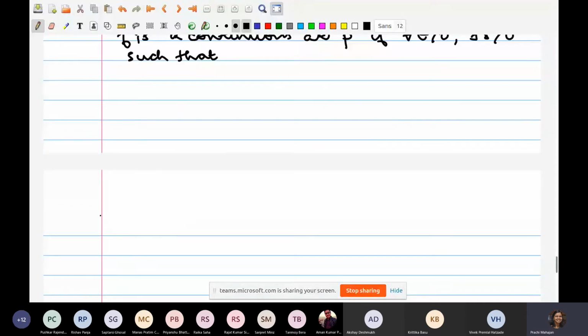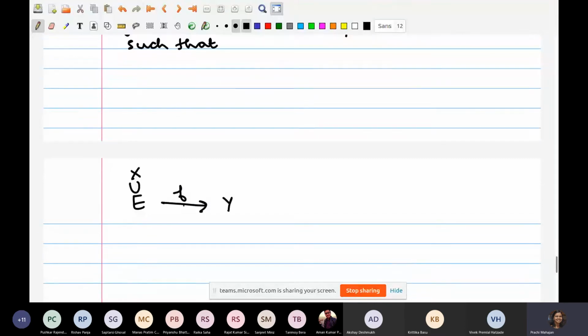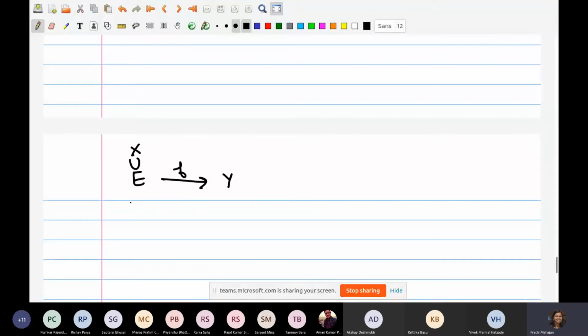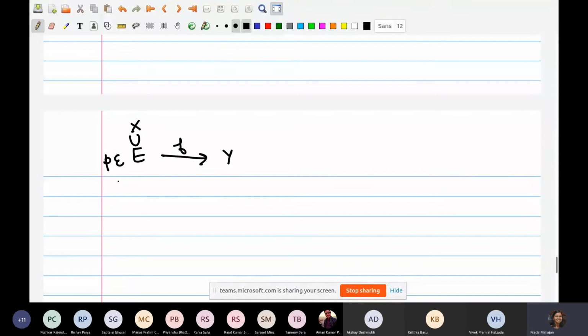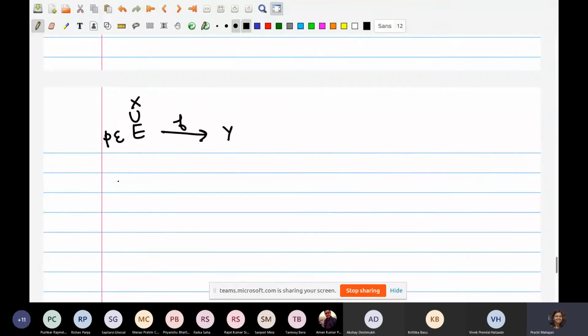So I have E, which is subset of X, and f, which is a function from E to Y. Again, I'll try to draw a picture in R2, assuming both X and Y are R2 with the Euclidean metric.